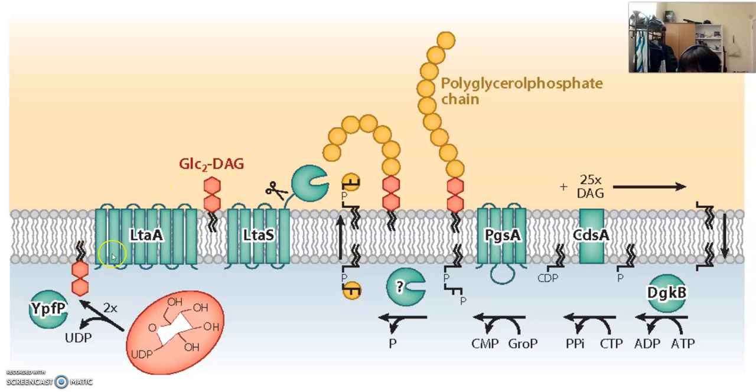That's going to become a Glc, which just stands for glucose, so it's 2 glucose molecules attached to a diacylglycerol molecule, and that's going to be in the inner leaflet of the membrane first.